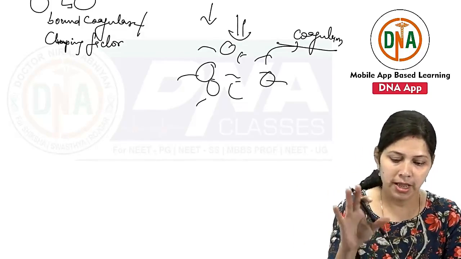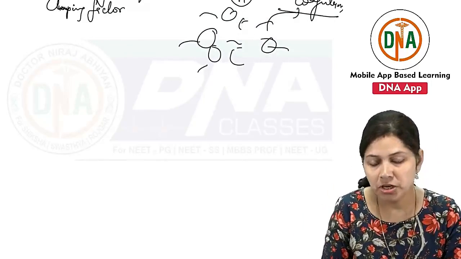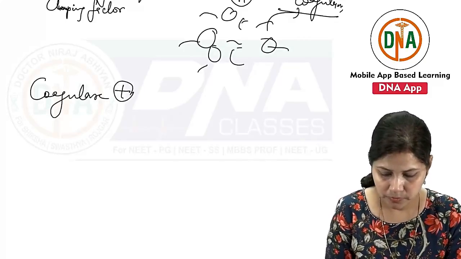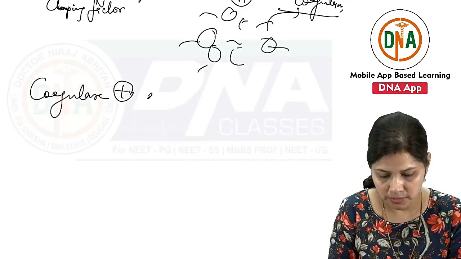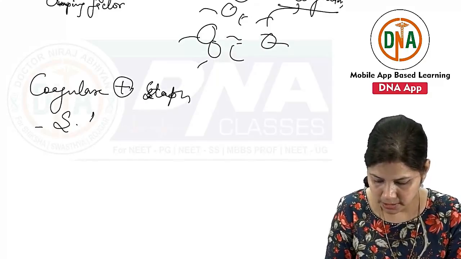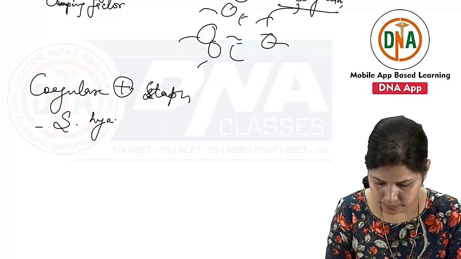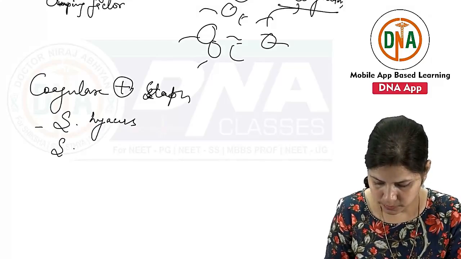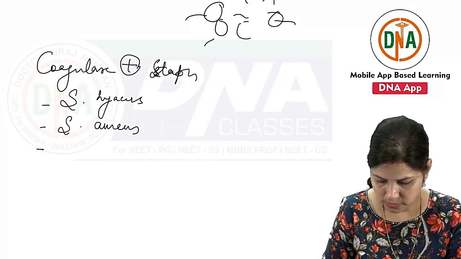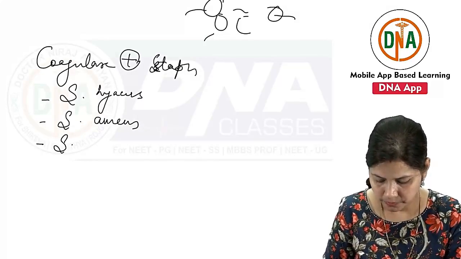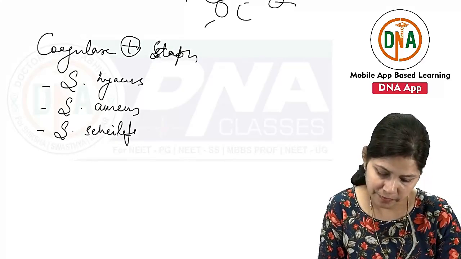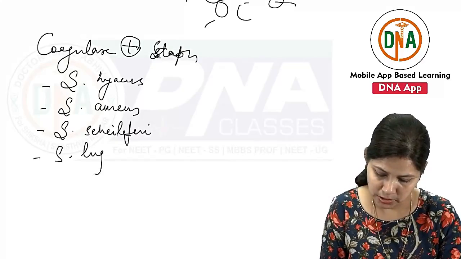So we should know here that the important organisms which are coagulase positive are species of Staphylococcus, they are Staph aureus, Staph intermedius, Staph schleiferi, and Staph lugdunensis.